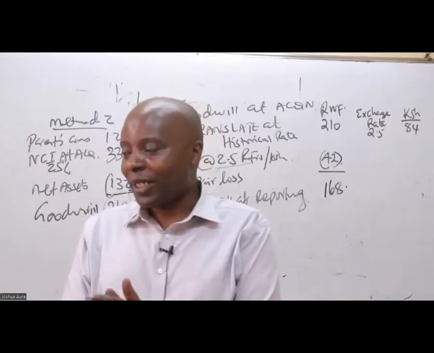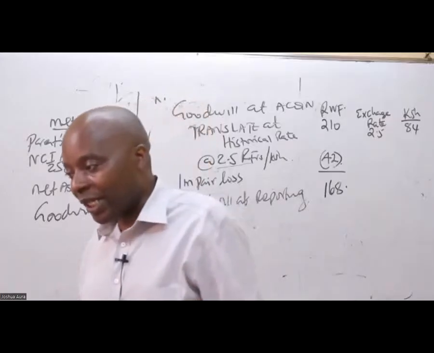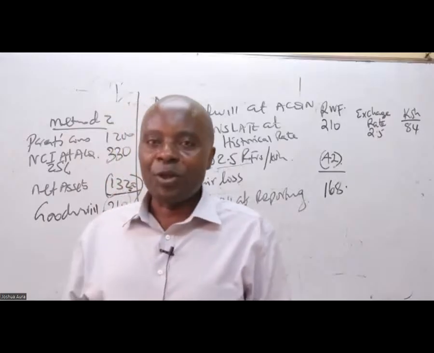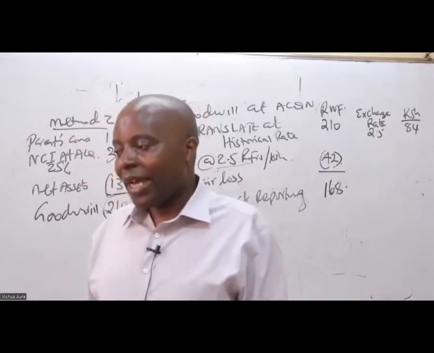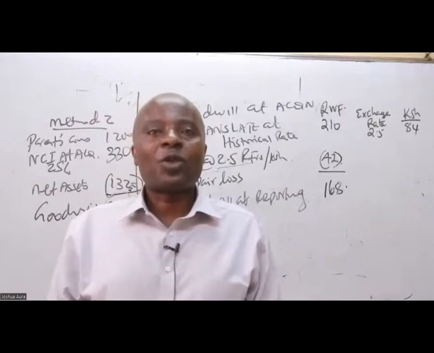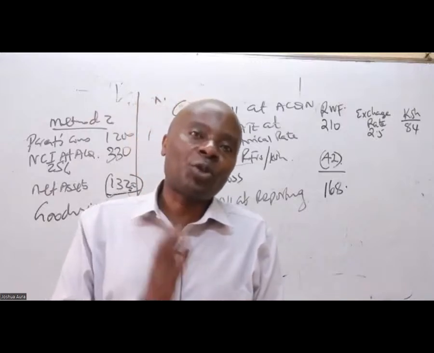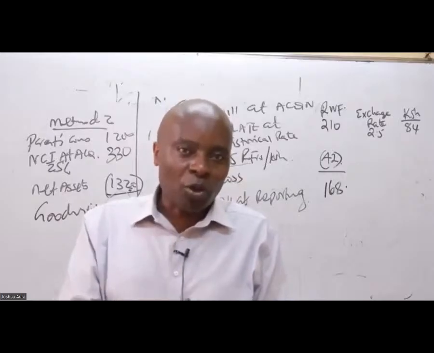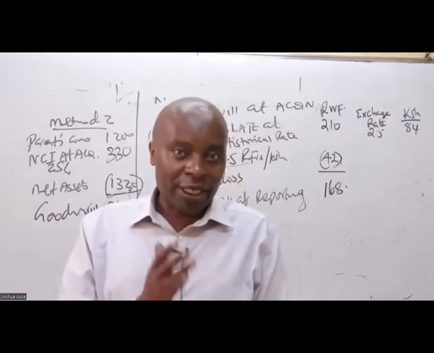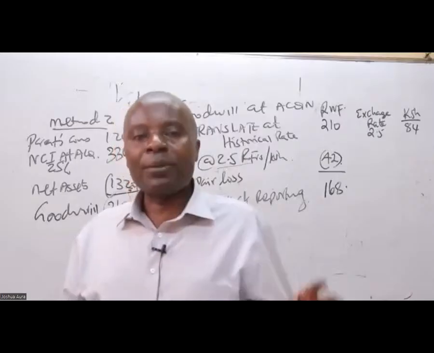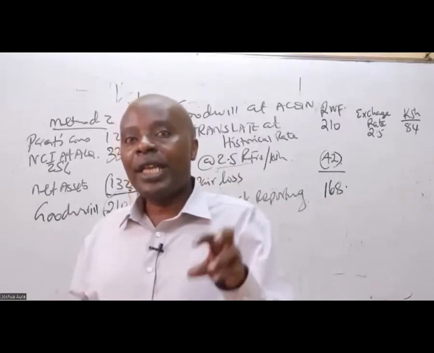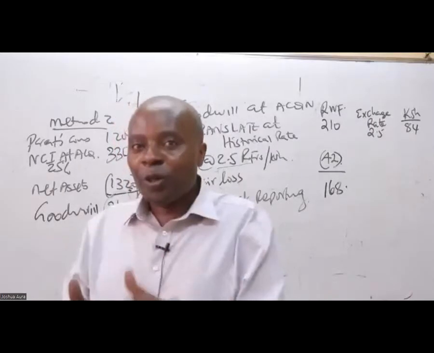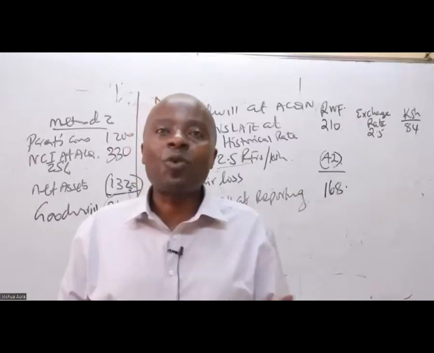More examples of related parties, like joint ventures. I love what Kamutu you're writing there. Your joint venture is your related party, even associates, so long as you've got control or a significant influence. Anybody who is able to control you or has significant influence in you automatically becomes a related party.